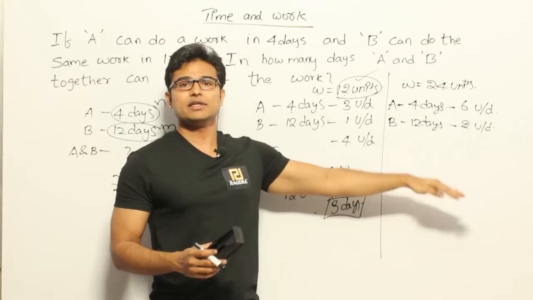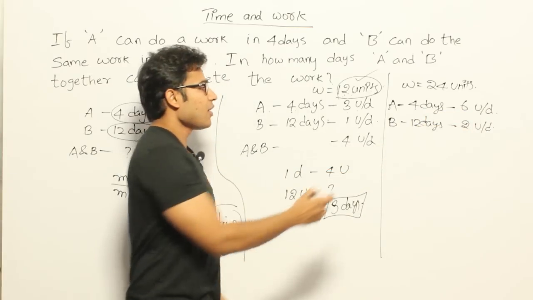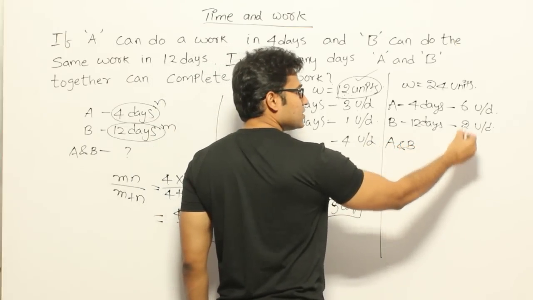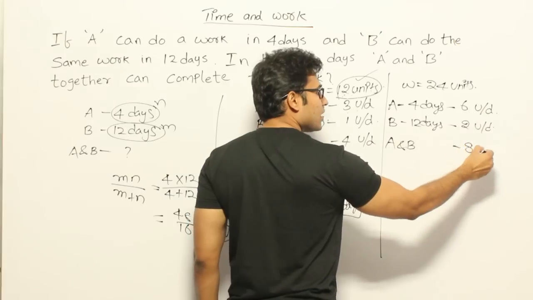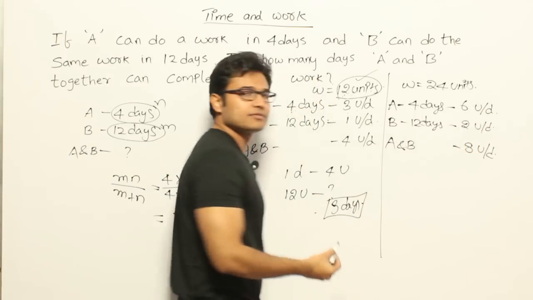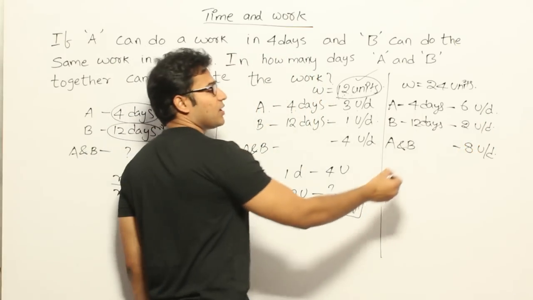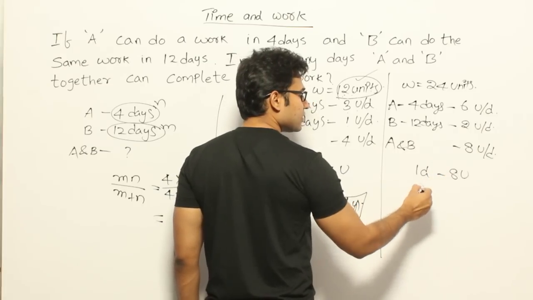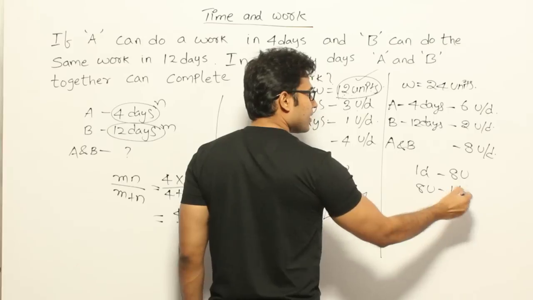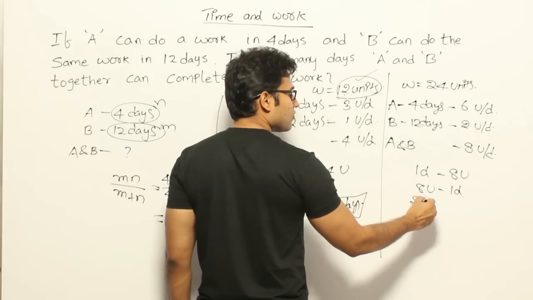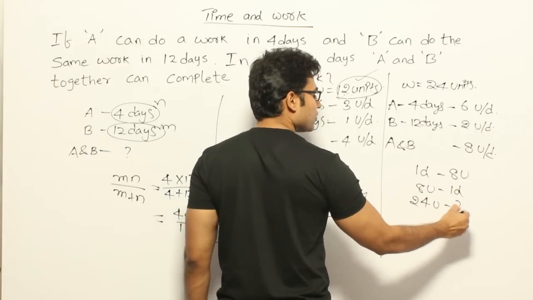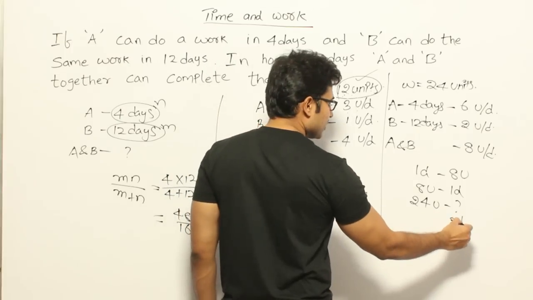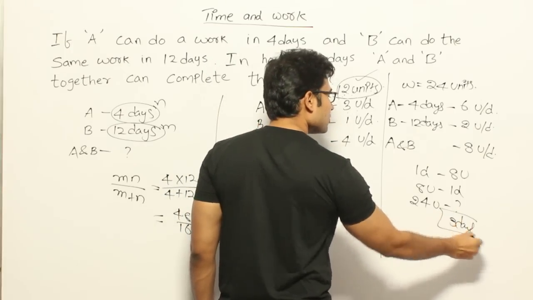Therefore, finally the time is going to be the same. Now A and B put together can finish the work at a rate of 8 units per day, right? What does it mean? In 1 day they can finish 8 units. Then how much time does it take for them to finish 24 units? Multiply 3 on both sides. Therefore 3 days. So again the answer is the same.